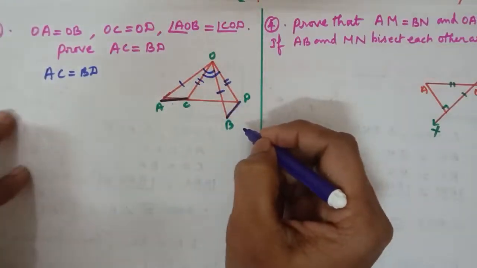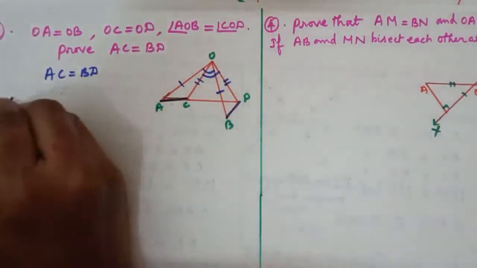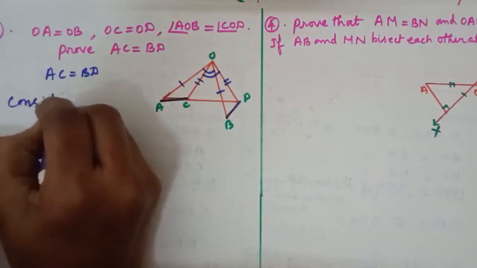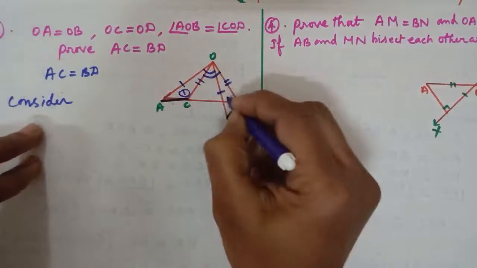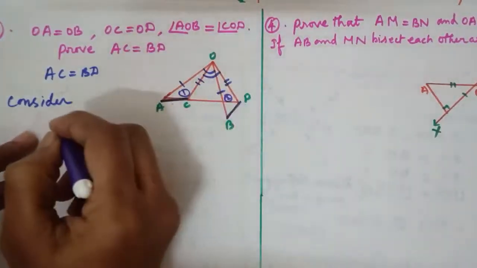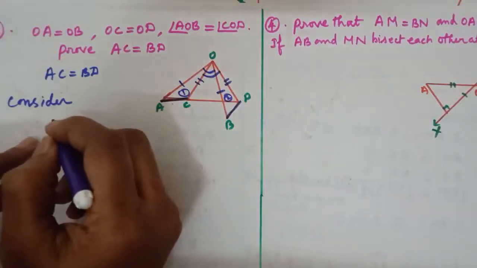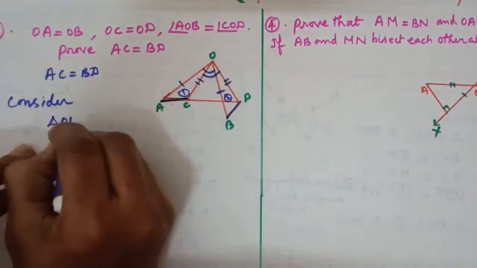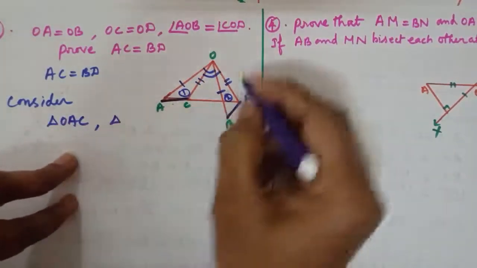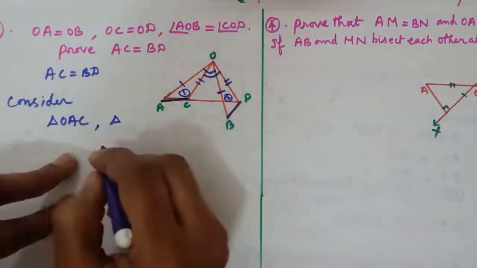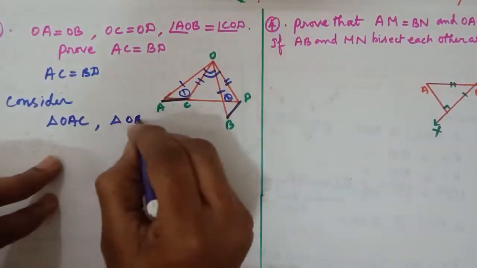Okay, so students, listen here. Consider these two triangles. This is number 1, this is number 2. What are they? Triangle OAC, triangle OBD.